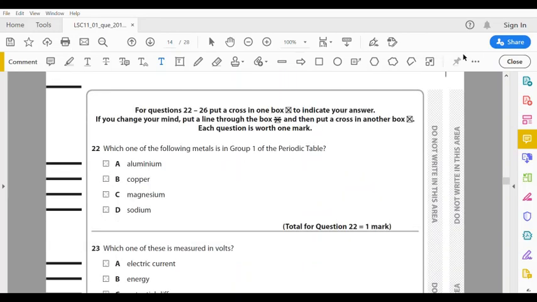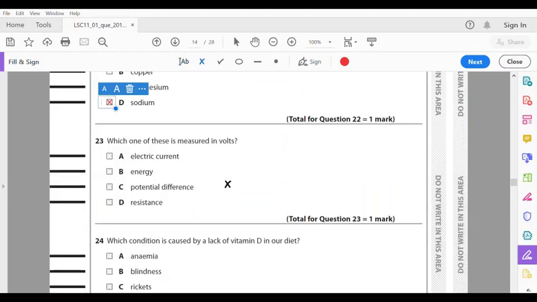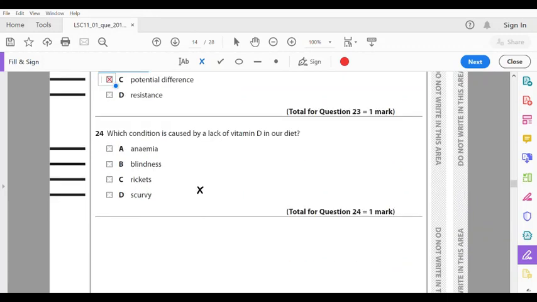Next question. Which of the following metal groups is in group 1 of the periodic table? So that will be sodium. Which one of these is measured in volts, that is potential difference? Which condition is caused by lack of vitamin D?